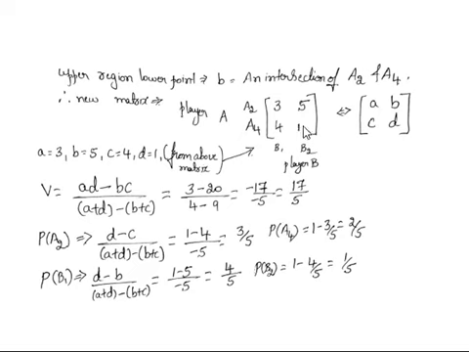Similarly, we have tried it for the column also, and on the column side we found the probability of the first strategy occurring, which was 4 by 5. The probability of the other strategy occurring will be 1 minus that, which gives the other answer.